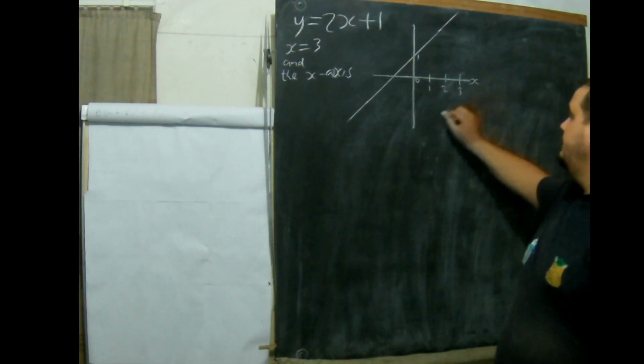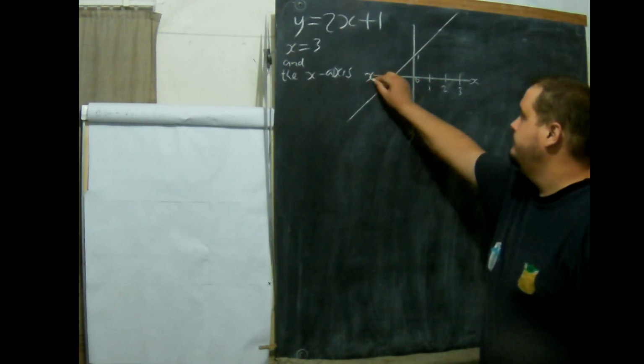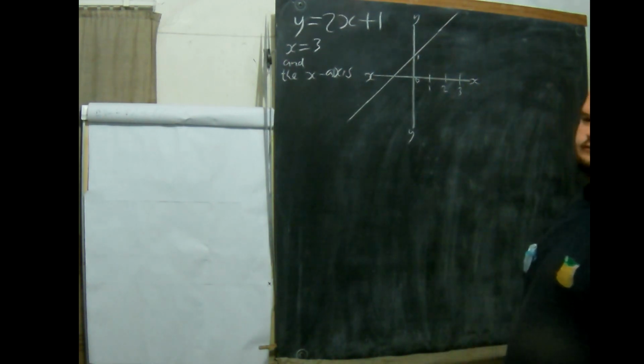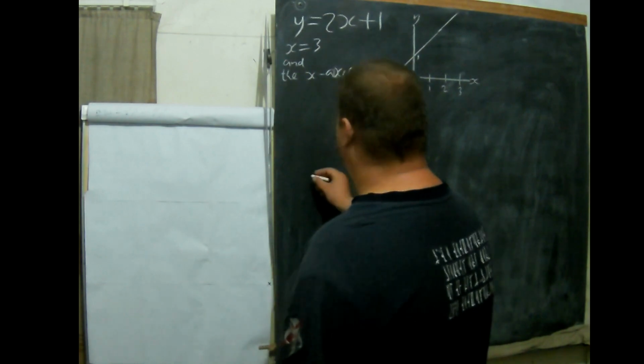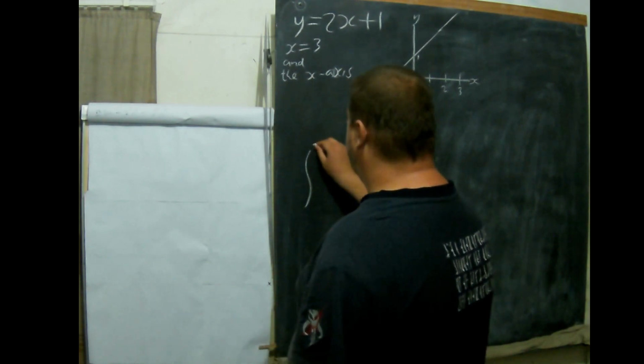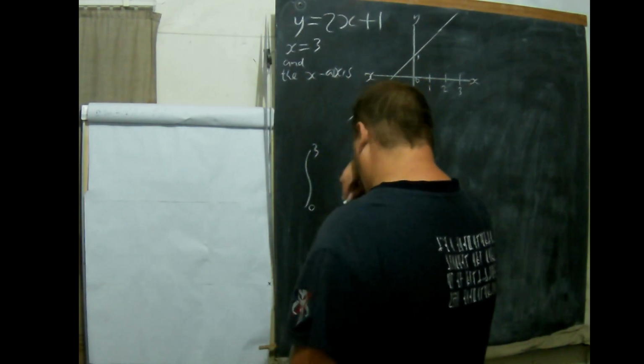So this is x and that is y. Okay, so what we need to do now is integrate. We have our limits, so we integrate between 3 and 0.